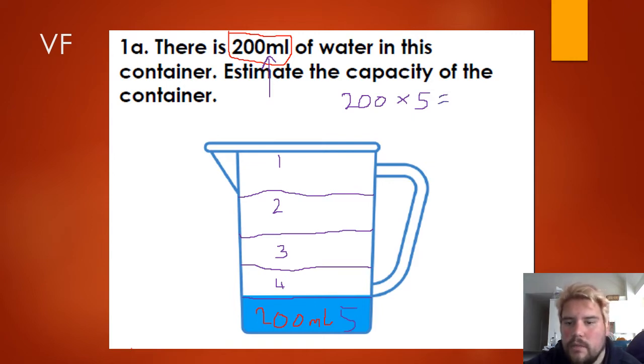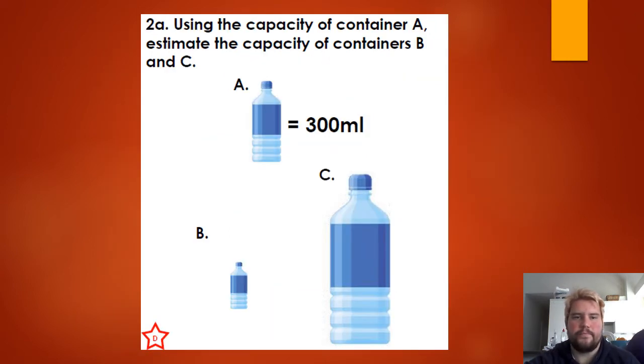So 200 times 5, not so sure on that, but I know 2 times 5 is 10, so we'll put 10 in. And now we need to times 10 by 100, because 200 is 100 times bigger than 2. So times by 100, we would then need to add on 2 zeros. It's the easiest way of looking at it. So 1000 milliliters would be the answer. Good logical estimate for that question there.